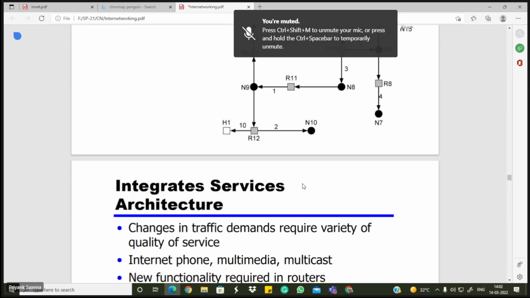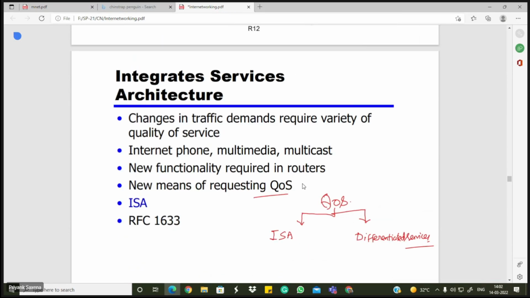So I already told you what is Integrated Service Architecture. It is also called INTSERV. You will find that presently it is outdated because it has been overtaken by Differentiated Services, DS.